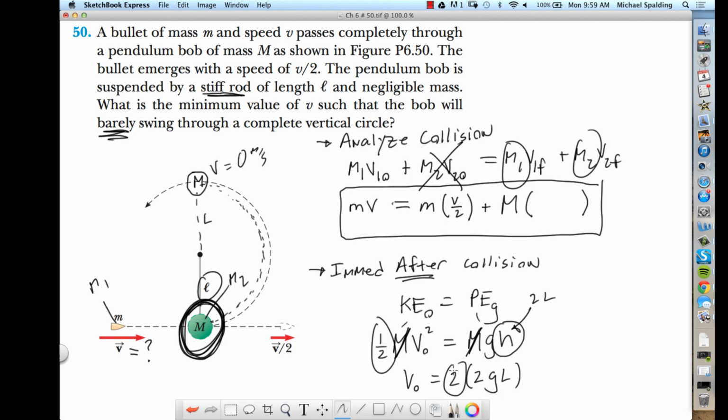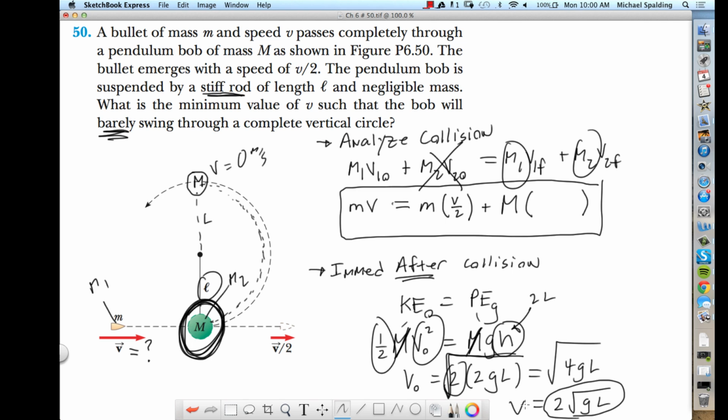So this 2 is from the 1/2, and then that other one there. So now, oh, and square rooted, sorry. We got to square root both sides. So take the square root. So this ends up being the square root of 4GL. So pull out the 4, 2 square root GL, right? So this is the velocity of big M right after the collision.